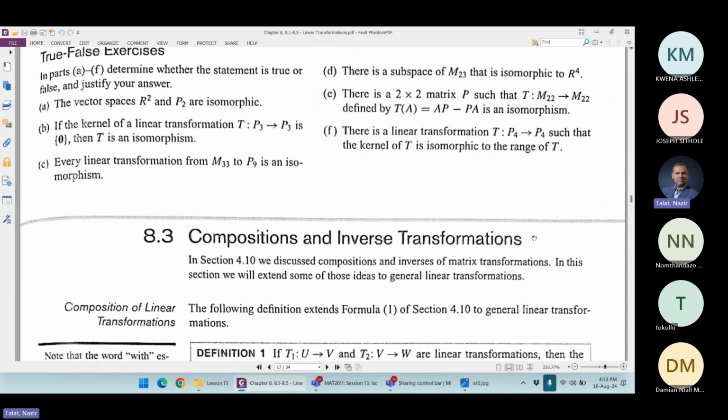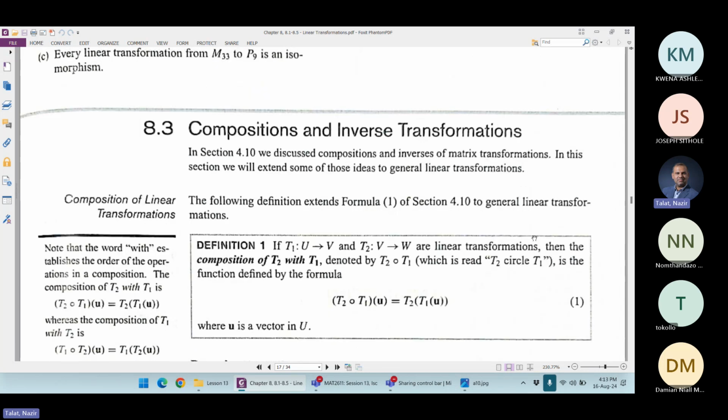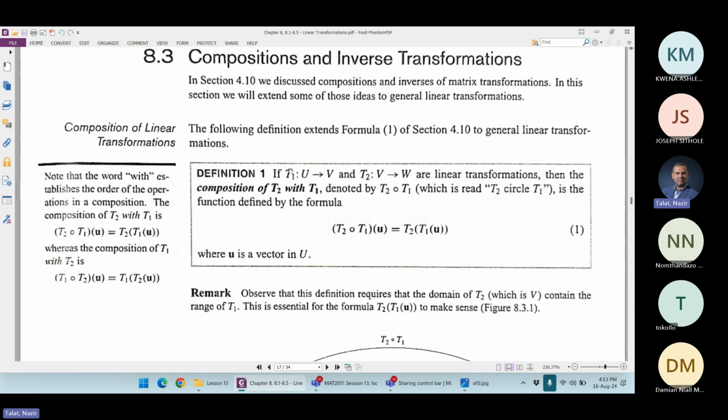Then, coming to the composition and the inverse of a transformation, this is also important. If T1 is a transformation from U to V and T2 is a transformation from V to W, then the transformation T2 after T1 is one in which we apply T1 first and then apply T2 to the image set.